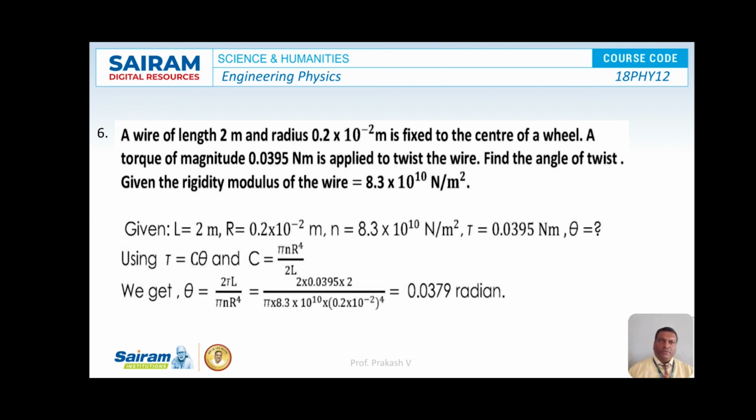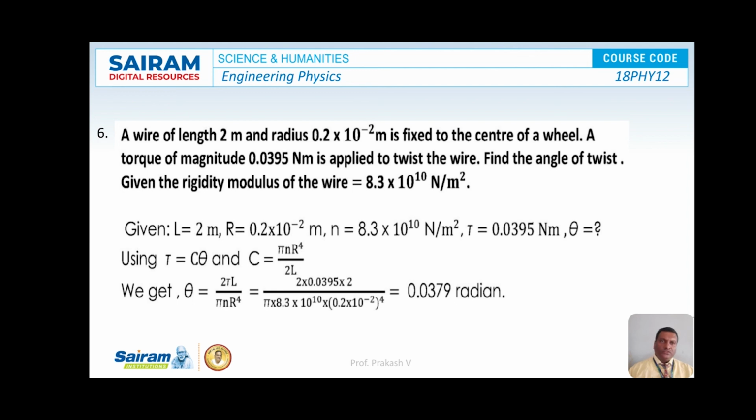The sixth problem is, a wire of length 2 meter and radius 0.2 into 10 to the power of minus 2 meter is fixed to the center of a wheel. A torque of magnitude 0.0395 Newton meter is applied to twist the wire. Find the angle of twist given the rigidity modulus of the wire is 8.3 into 10 to the power of 10 Newton per meter square.